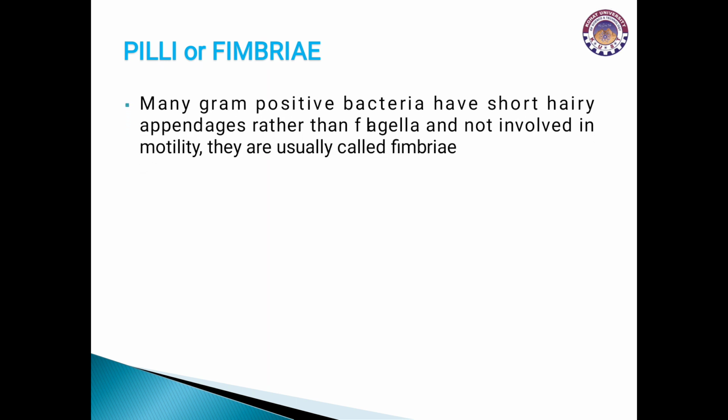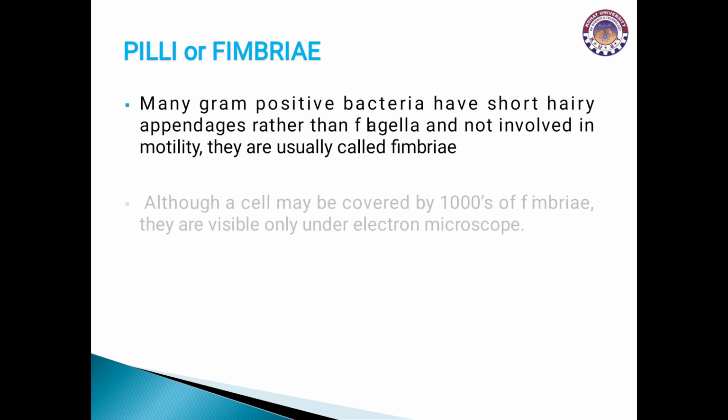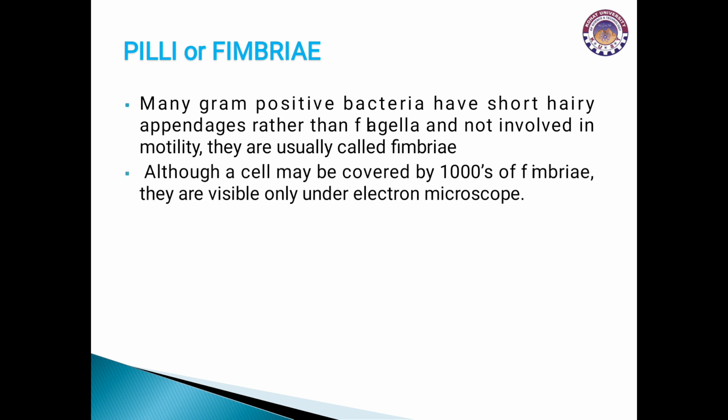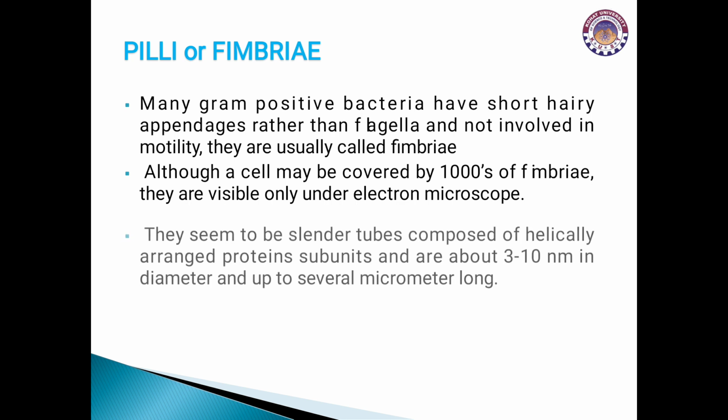What is pili or fimbriae? Many gram-negative bacteria have short hair-like appendages rather than flagella, not involved in motility. They are usually called fimbriae. Although a cell may be covered by thousands of fimbriae, they are visible only under the electron microscope.